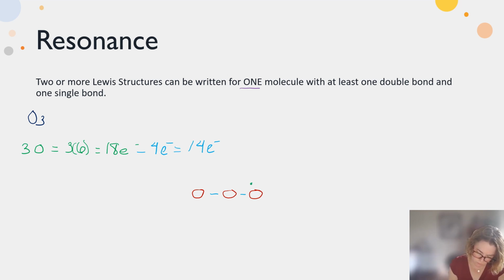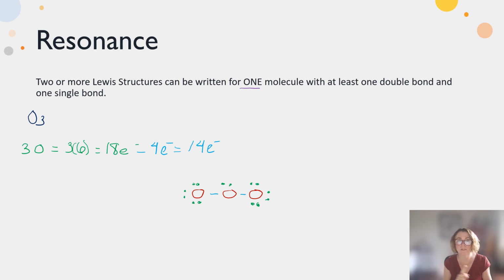So I'm going to do 2, 4, 6, 8, 10, 12, and then the last two to make it to 14 are going to go on that central oxygen. Okay, so I have put all 18 electrons in this structure. The octet is satisfied for the oxygens on the ends, but the oxygen in the middle is not satisfied.